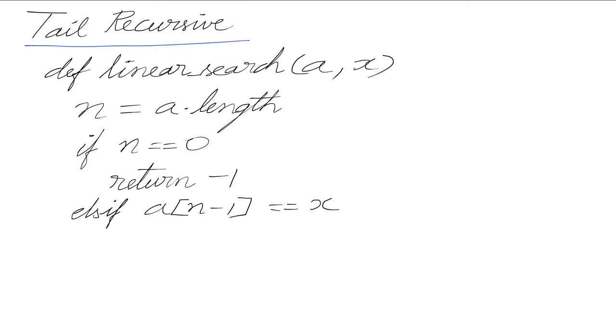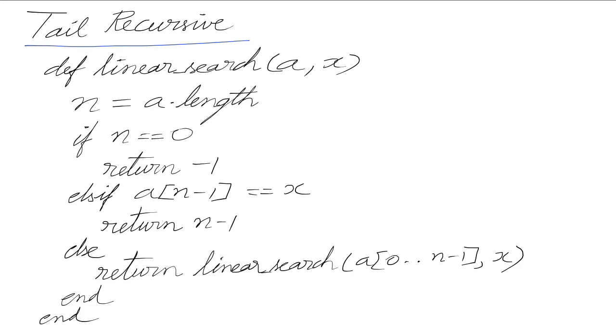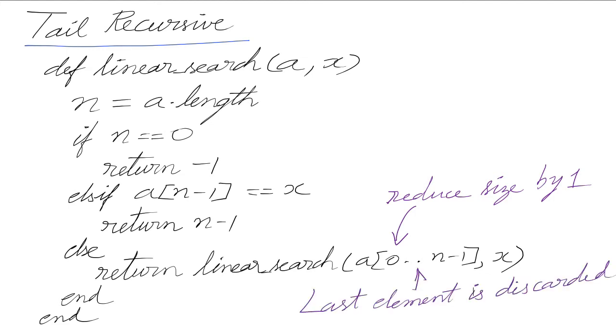Otherwise, if the element is the last element in the given list, we return the index of that particular location. Here we reduce the size by 1. Since n is the length of the list, n minus 1 chops off the last element in the list.